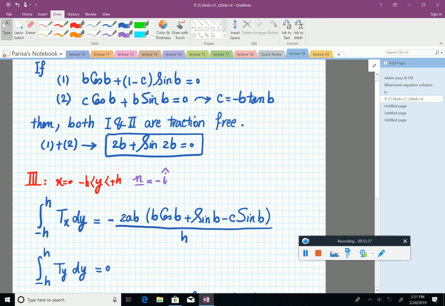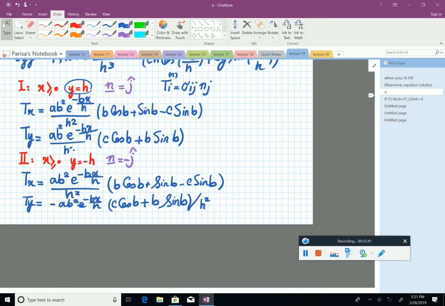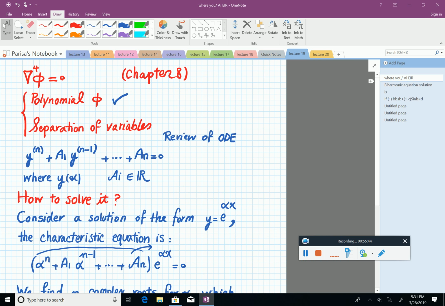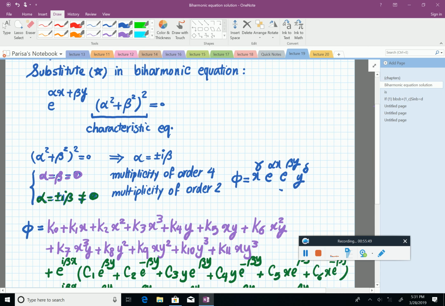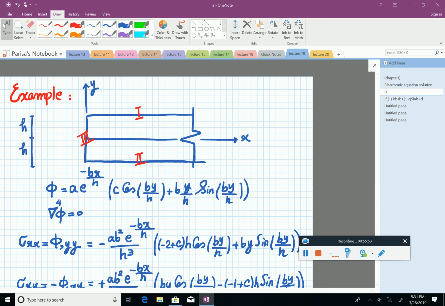Let's go back. That's a common problem when you look at these solutions. Remember, we start with a solution, we find a problem. So if I didn't draw anything here, that doesn't automatically mean this is traction free.